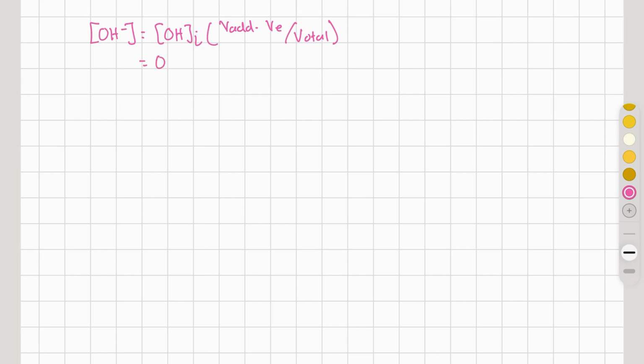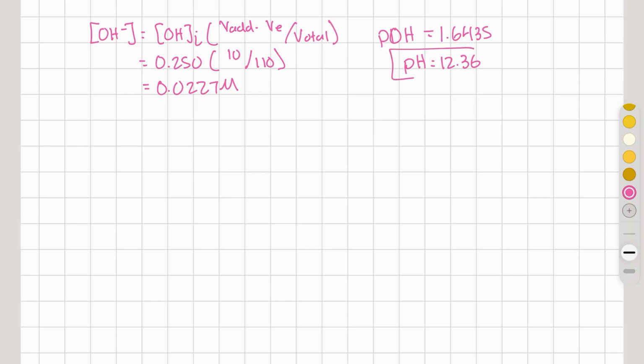So this is 0.250 times 10 over 110. And this equals 0.0227 molar. So if I plug that into the negative log, I can find that pOH equals 1.6435. So pH equals 12.36.